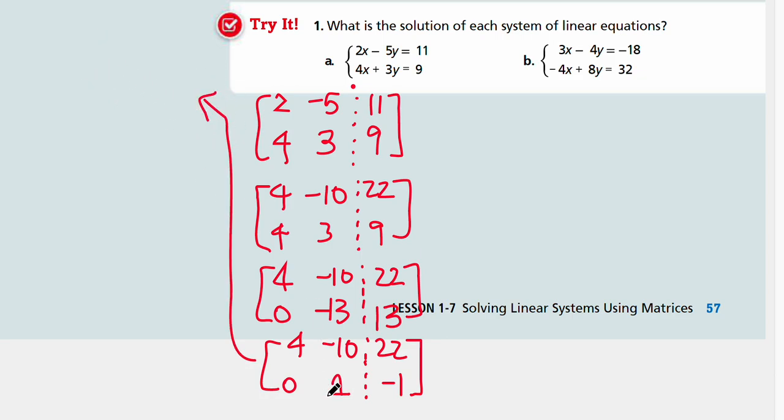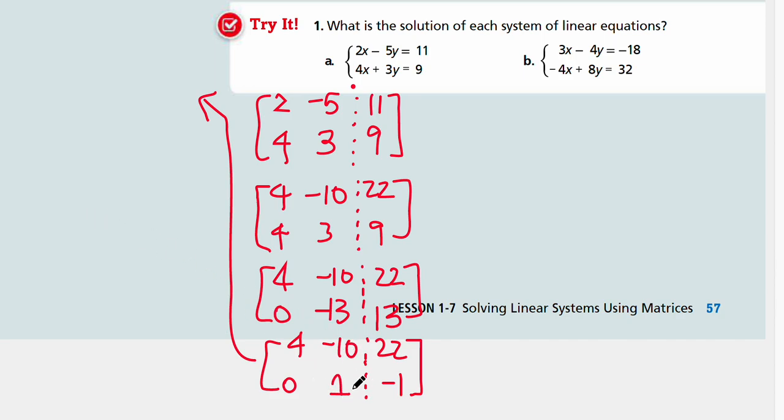And then I'm gonna move here for part A. And then now that I have 0, 1, I want 1, 0 on the top row, right? So I'm going to make sure that I can cancel the second row.